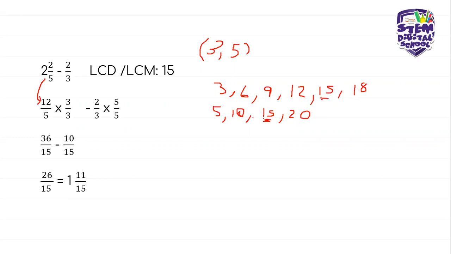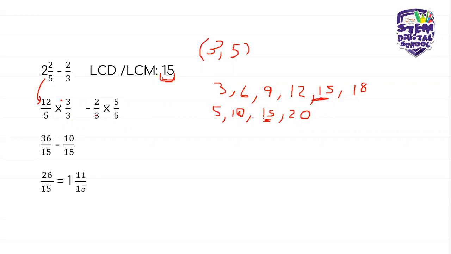So it means that the lowest common denominator, the number that I want to change the denominators to, is 15. I ask myself, what times 5 gives me 15? It's 3. So it's times 3, times 3. Why? Because whatever you do to the bottom, you do to the top.